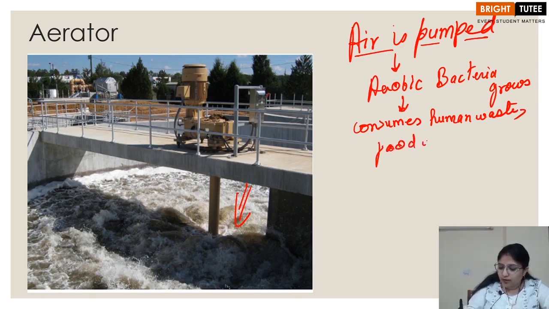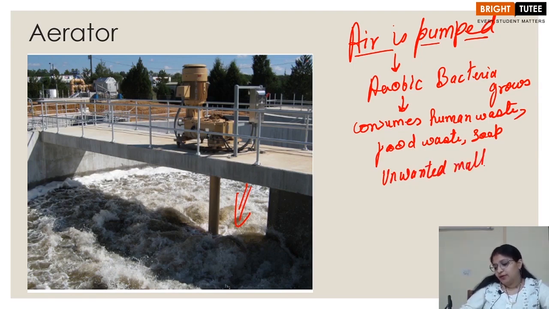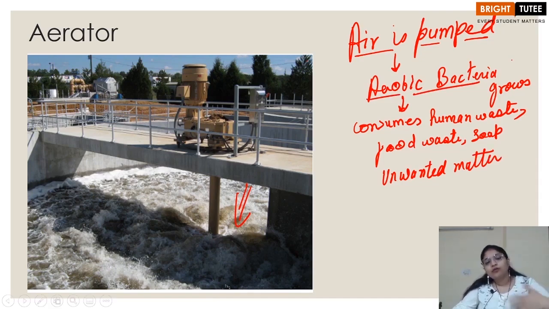If any soap particle is present, it also consumes that, and any unwanted matter. Anything which is still remaining in that clarified water is removed with the help of the aerobic bacteria. So the growth of aerobic bacteria happens because of the pumping of the air. Now, when we put the sludge into the digester tank, in that tank the anaerobic bacteria were working.